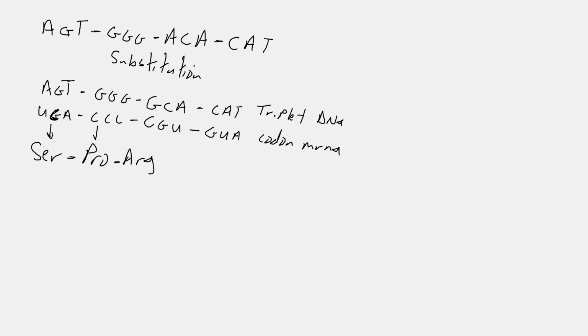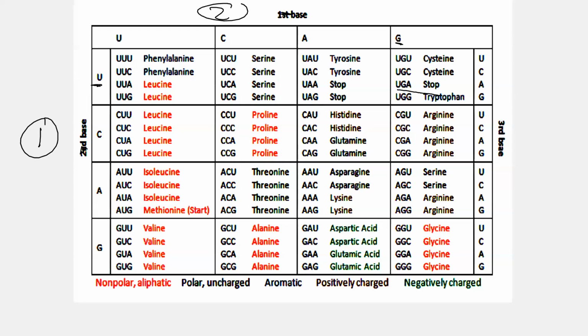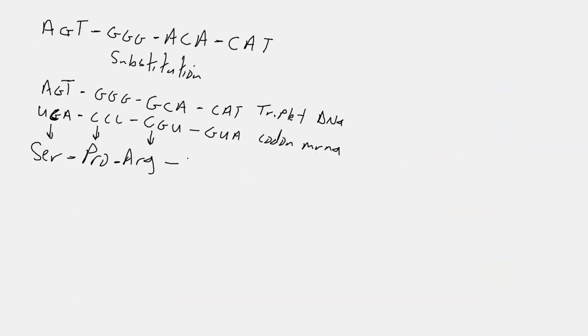Then we have GUA, valine. So this is what we get after the stop codon.